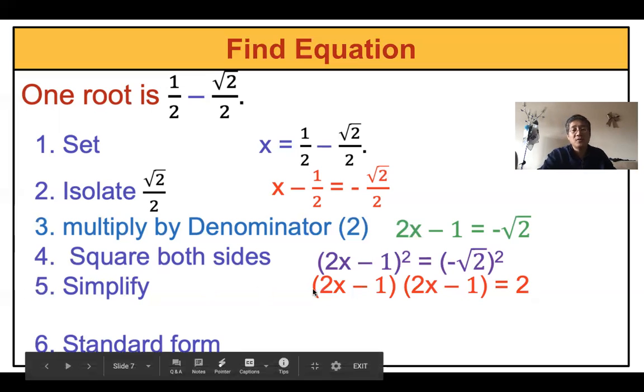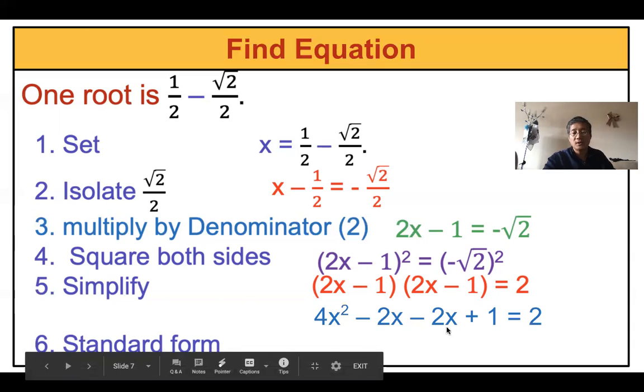And then what should you do? We FOIL, right? So 4x squared minus 2x minus 2x, and again minus times minus becomes plus 1. Then I need to move the 2 to the other side by subtraction, and you combine like terms.